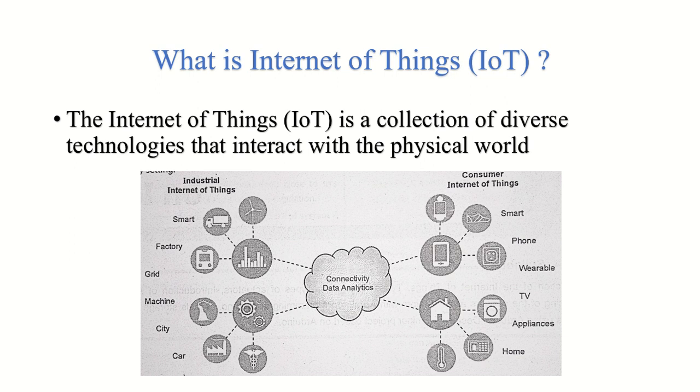Now just see this diagram and understand the broad spectrum of devices which are used in data analytics and IoT, right? Here we have data analytics in factories, transportation, grid, machines, cities, cars.